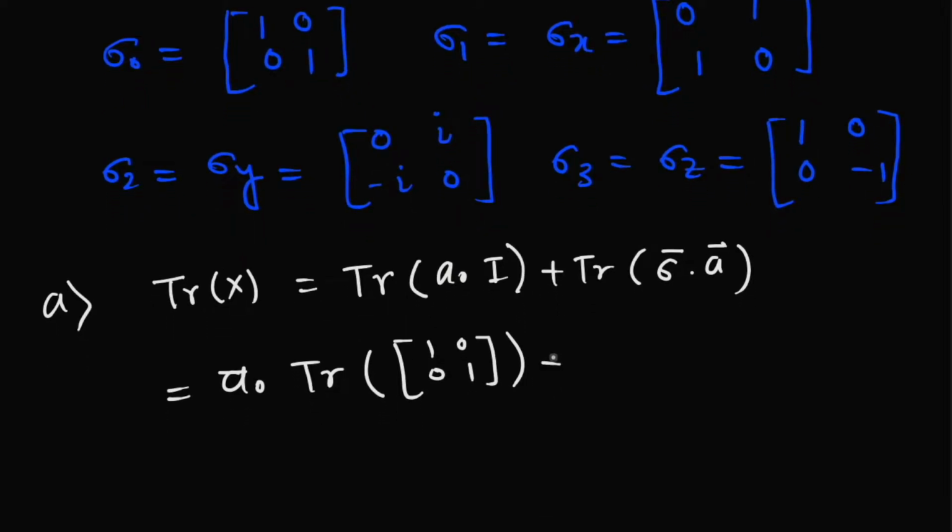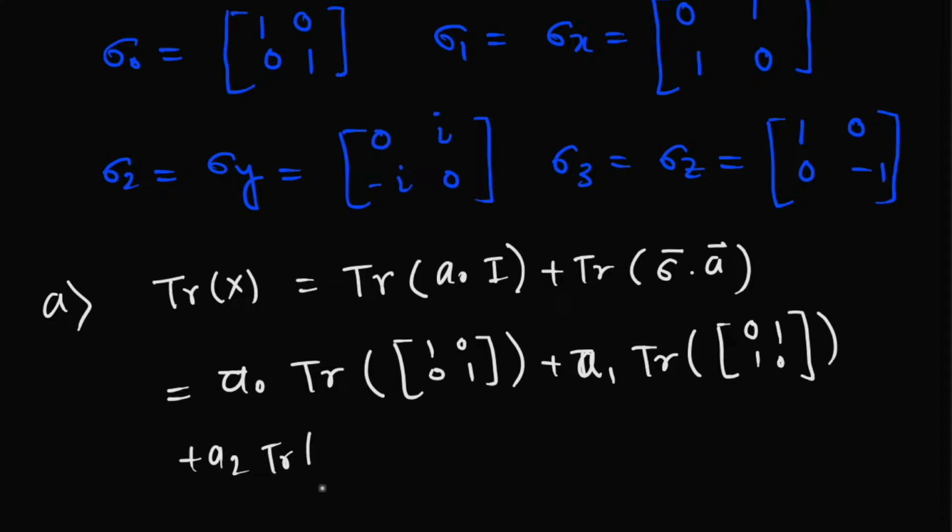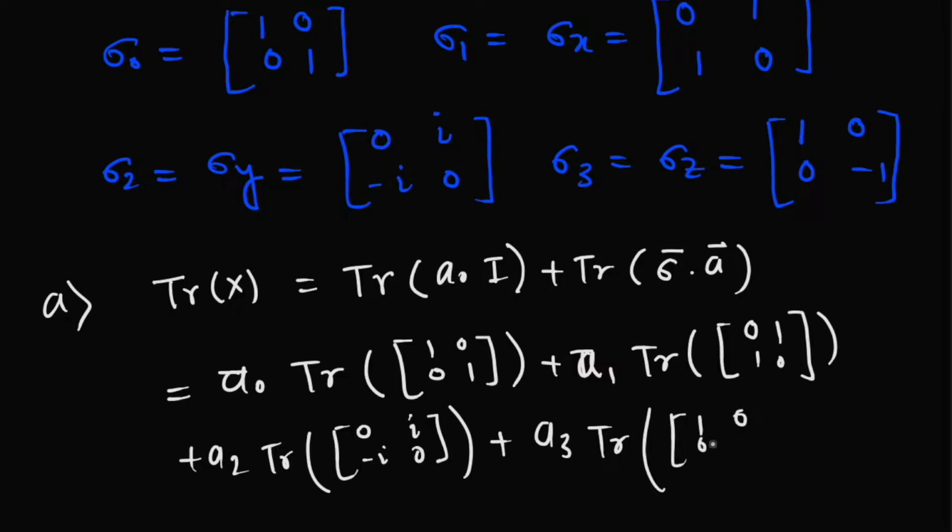plus a1 trace of sigma 1, which is 0 1, 1 0, plus a2 trace of 0 minus i, i 0, plus a3 trace of 1 0, 0 minus 1.